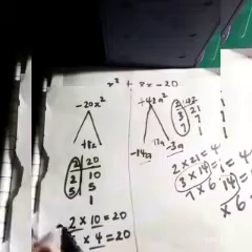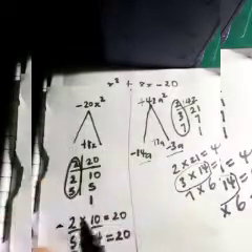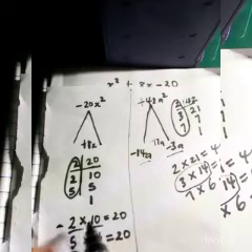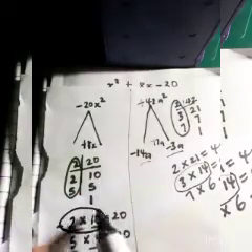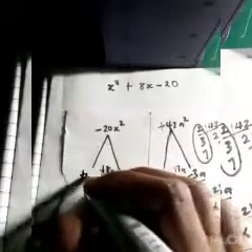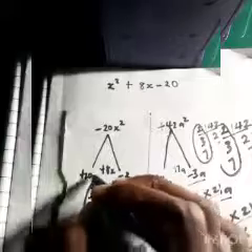Now, let's check this. 2 times 10 give us 20, and minus 2 plus 10 give us 8. So what we need is here. So come here, plus 10 and minus 2. Do not forget to put your x.